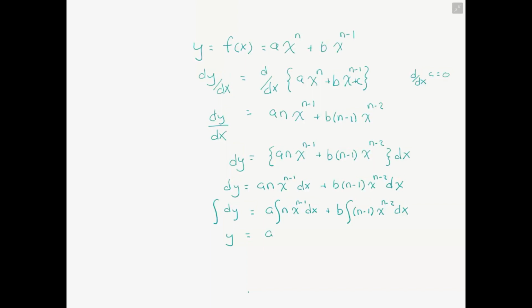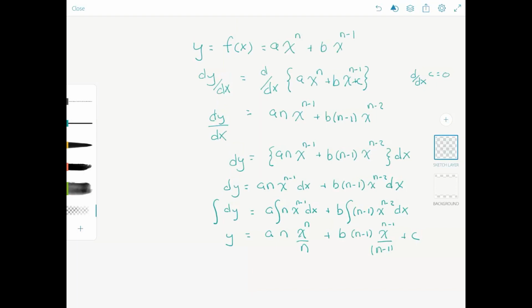And this is going to bring back a times n x to the n over n plus b times n minus 1 x to the n minus 1 over n minus 1 plus c. Because d dx of c is 0, we have the constant there.